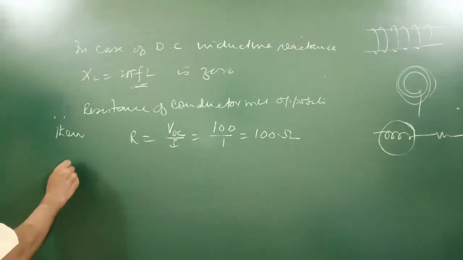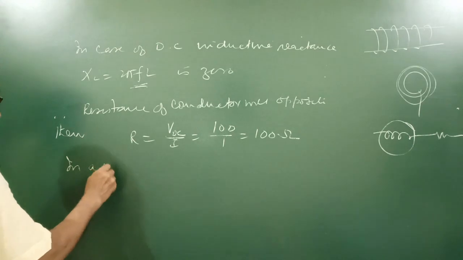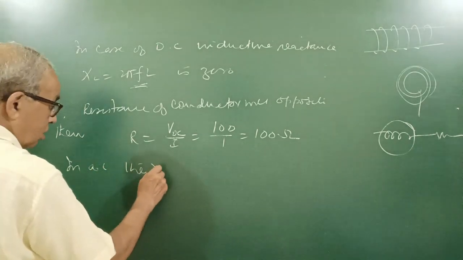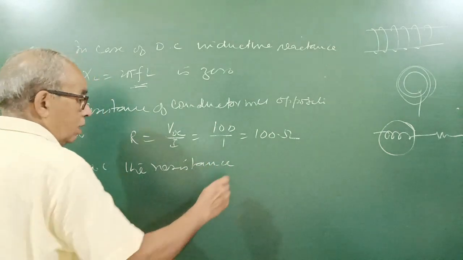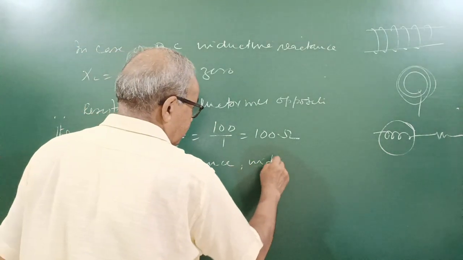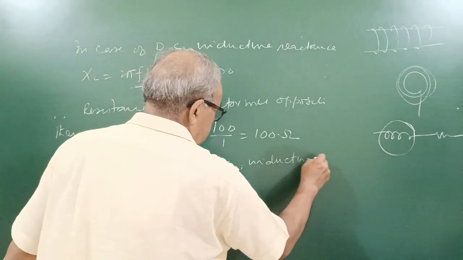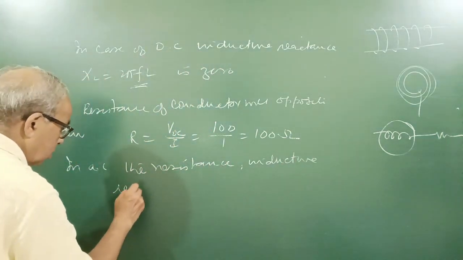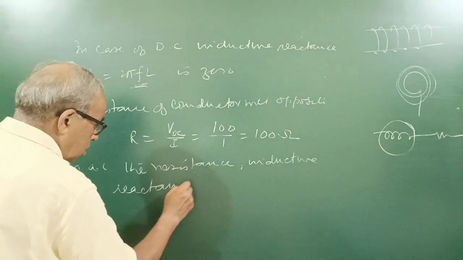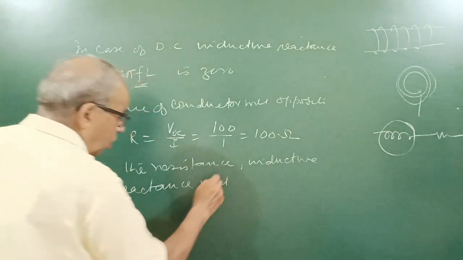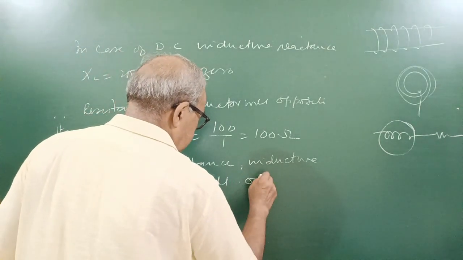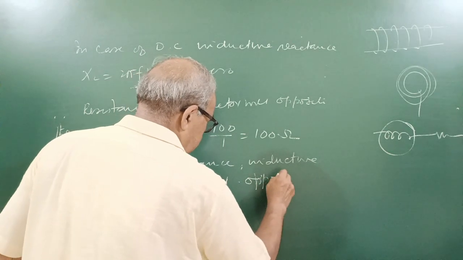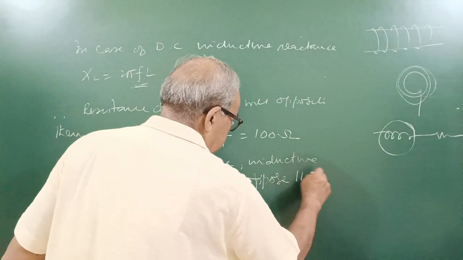In AC the resistance and inductive reactance will oppose the current.